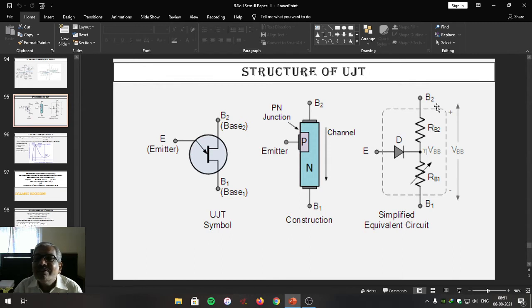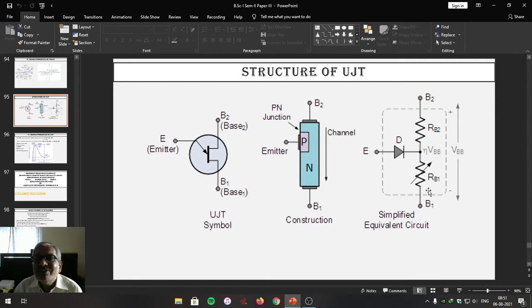Thus, this is base B2, this is base B1. In the N region from the junction, RB1 and RB2 are both present. Out of that, RB2 is fixed, whereas RB1 is variable.